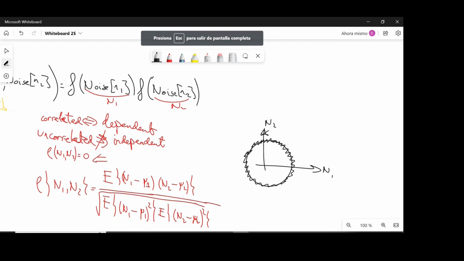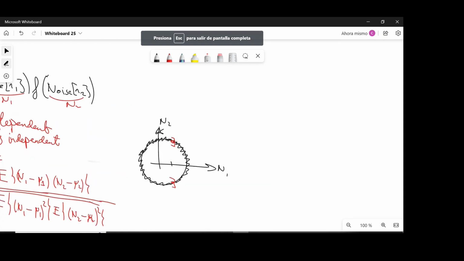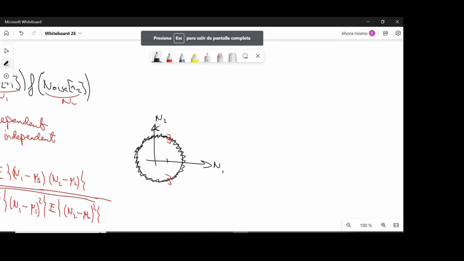Given n1, n2 is either here or here, and it has a few values that it can take, but it cannot take any value. You may compare this one to the typical Gaussian 2D distribution, n1 and n2, where we have values everywhere. So given one of the n1s, n2 can take all these values.